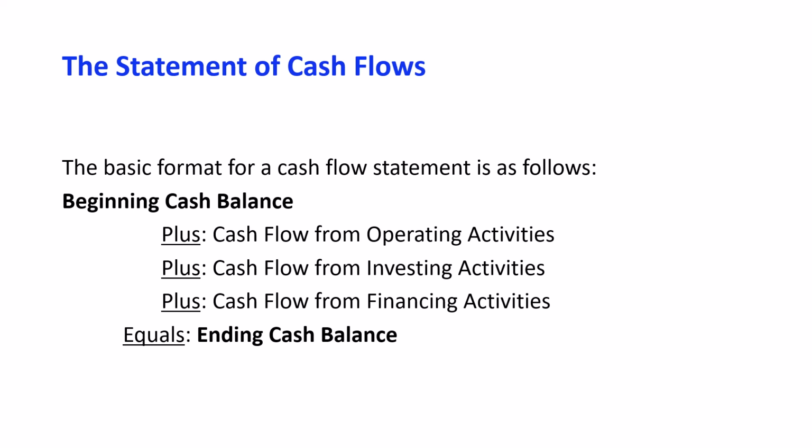And then you add cash flow from financing activities. These represent changes in debt and equity: any interest that you paid, any dividend that you paid, any borrowing that you had, or any new equity issuance that you have will go under this account. And then you get the ending cash balance at the end.